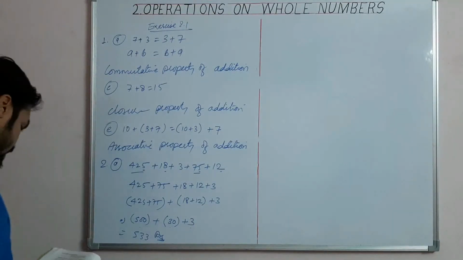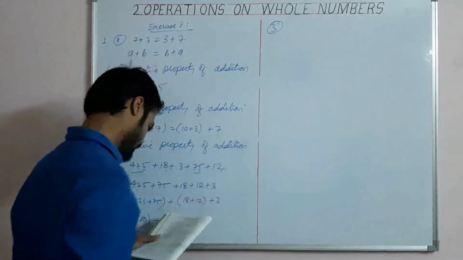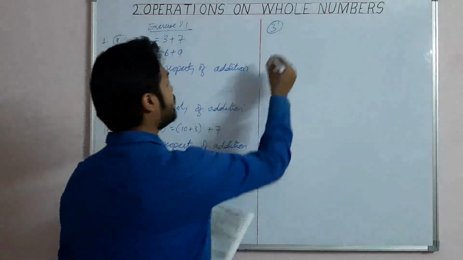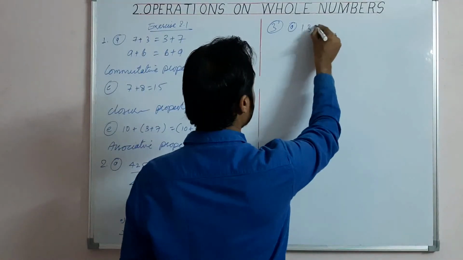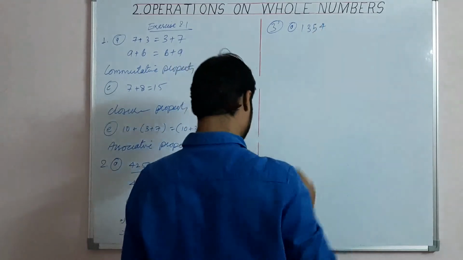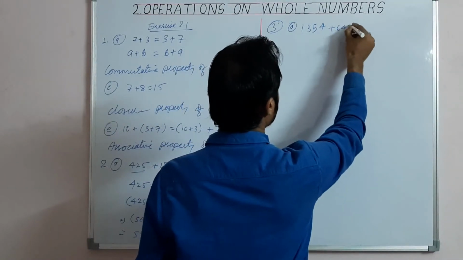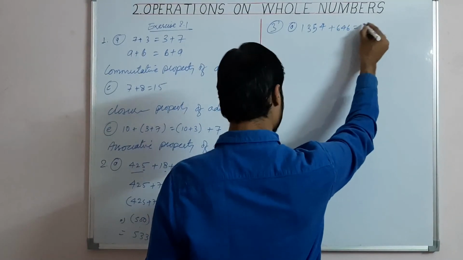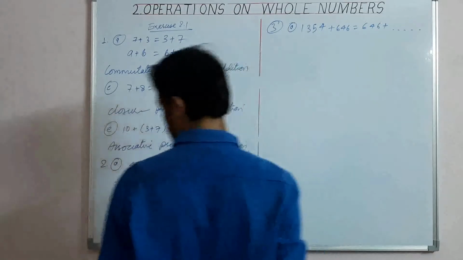Next we'll take another problem, the third problem. Fill in the blanks. A. 1354 plus 646 equals 646 plus what will be the number?